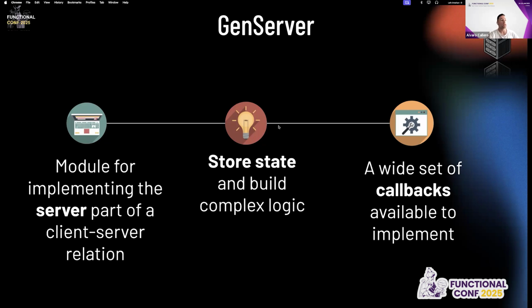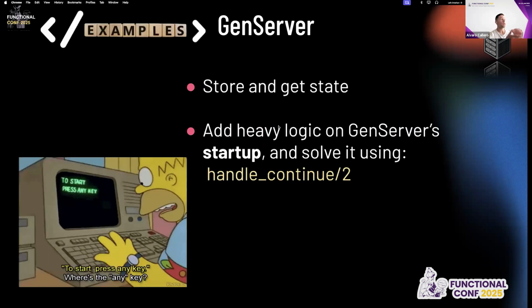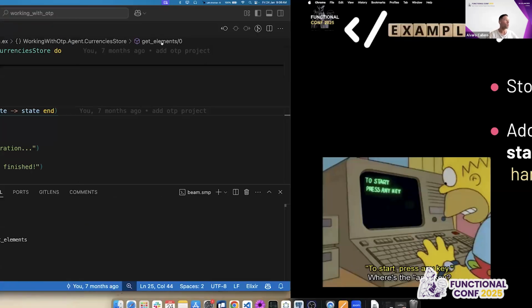Within a GenServer, we can execute synchronous calls, asynchronous calls, among other kinds of functionality. So let's see more code. We are going to take a look at how we can store and get state, and also what happens if we add heavy logic in the agent startup, and how we can solve that issue.